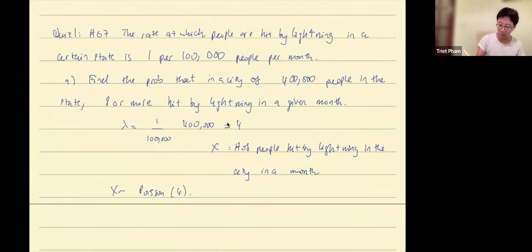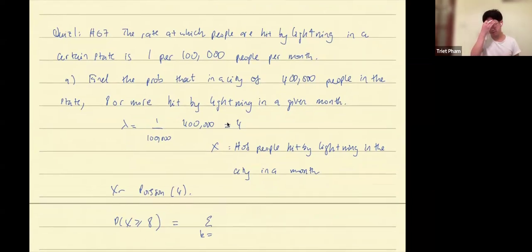So therefore, probability of X being equal to 8. Now, you can sum everything from 8 to infinity, but that is an infinite sum and there's no easy, precise way to calculate it. The way is to go with 0 to 7 of e to the minus lambda, lambda to the k over k factorial.